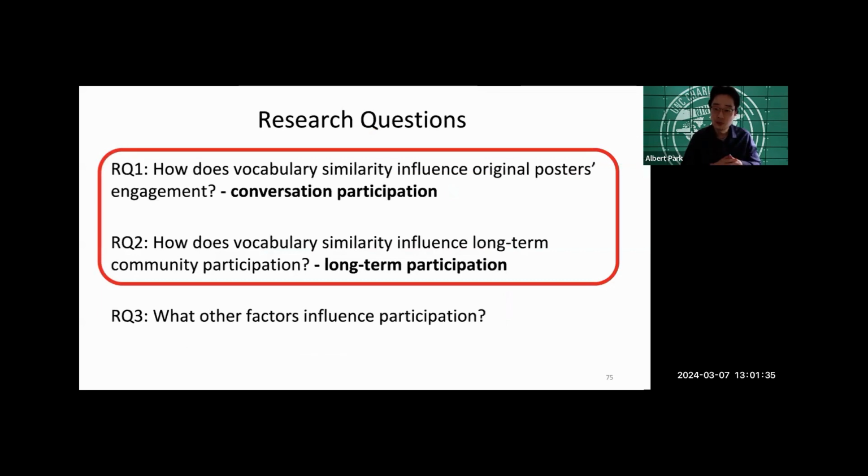There are two cases where I can examine participation: within a conversation, and long-term participation with the community. So I'm going to go over the influence of vocabulary similarity in these two cases.